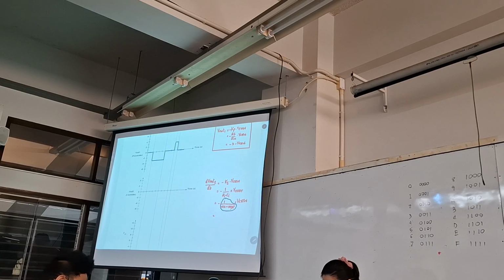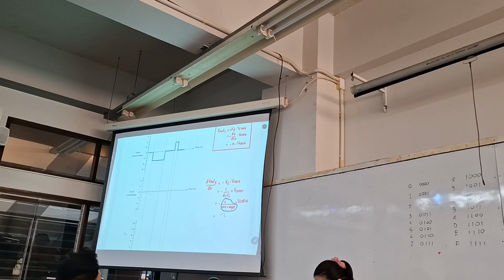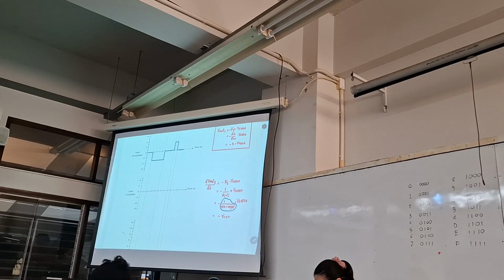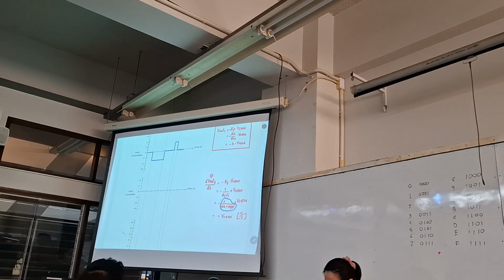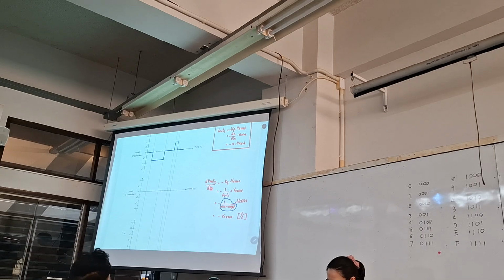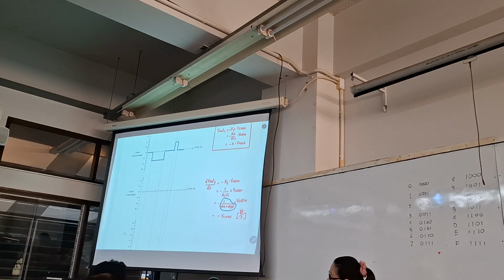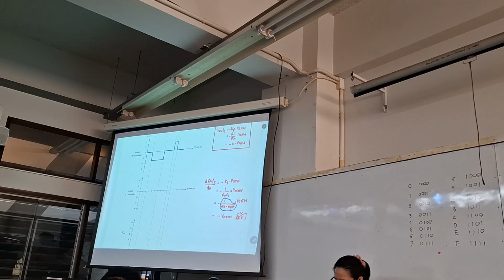Then the last equation must be minus 1 multiplied by the error. What is the unit? Volt per second. Why is it volt per second? Because now the equation is trying to determine the rate of change, the relationship between Vout and time. So the unit will be volt per second.